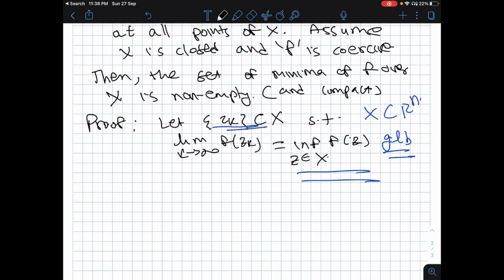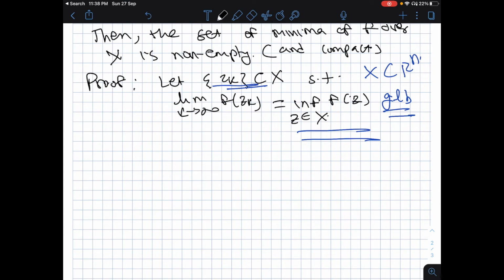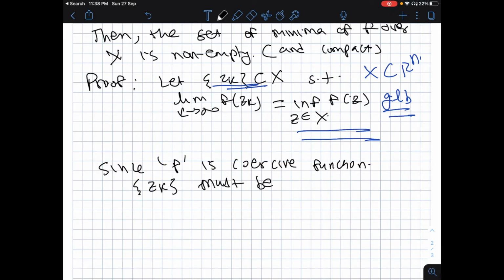So now we have a sequence which goes to the infimum. Then, since f is a coercive function, it means that the sequence z_k must be bounded. Why do I say that?